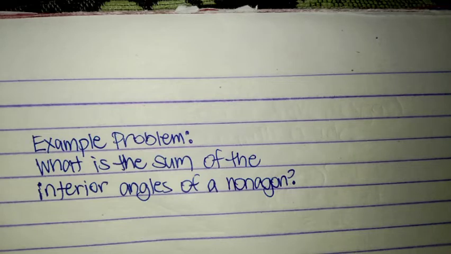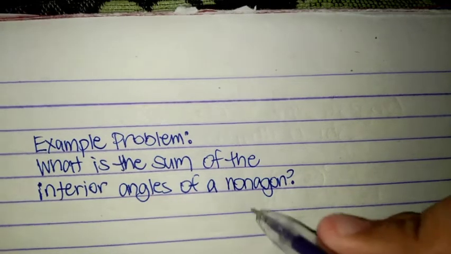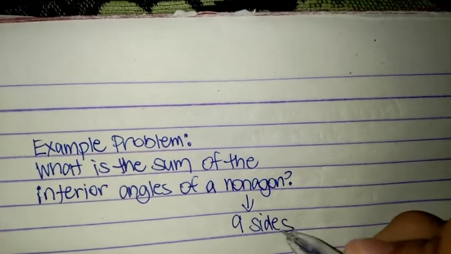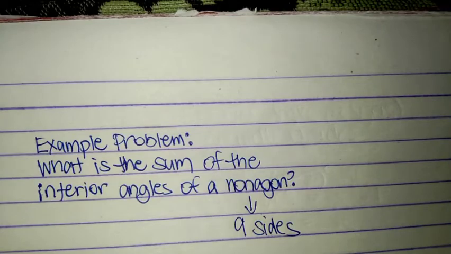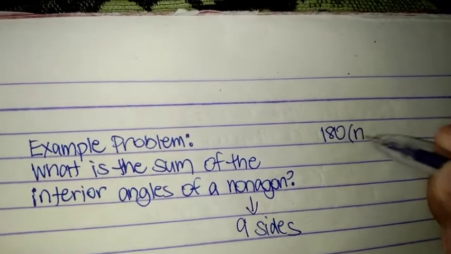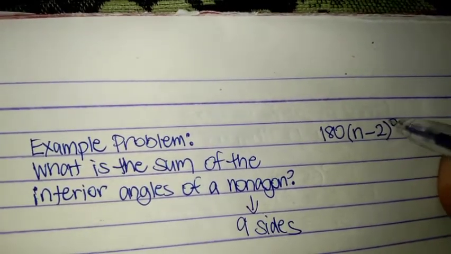So here is an example problem for the interior and exterior angles. What is the sum of the interior angles of a nonagon? Okay, we know that a nonagon is a polygon with 9 sides. Then, we can use the formula 180 multiplied by quantity n minus 2 degrees.